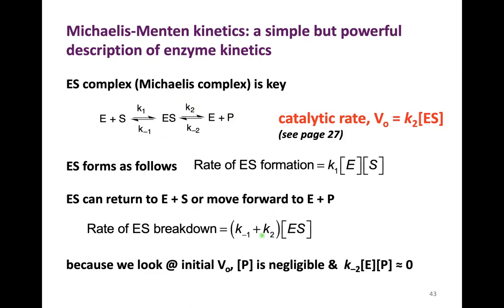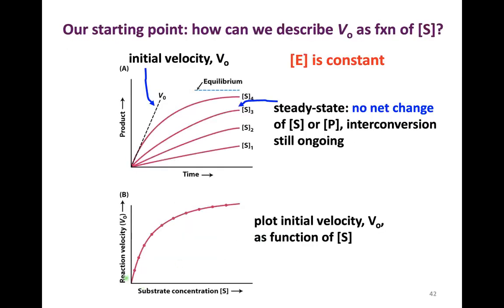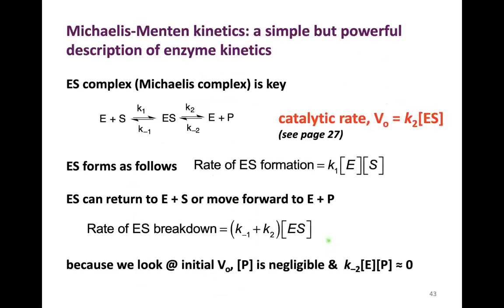Now recall, we're looking at the initial velocities to help calculate. Here are our initial velocities of the plot that we'll be fitting. If we're looking at initial velocities, then there's no product concentration, because at the initial start of the reaction, the concentration of product is negligible.